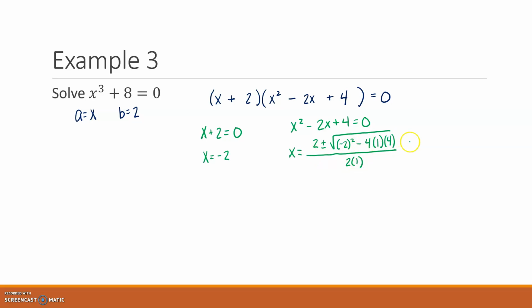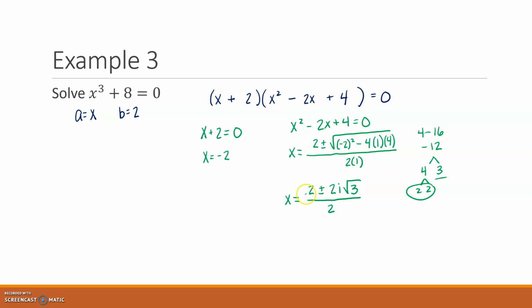If I simplify what's under the square root, I get 4 minus 16, which is -12. And then simplifying that, because I know it's under a radical, I would have a 2 on the outside, 3 on the inside. So I'm going to get x equals 2 plus or minus 2i radical 3 all over 2.